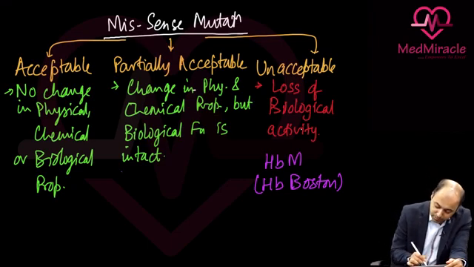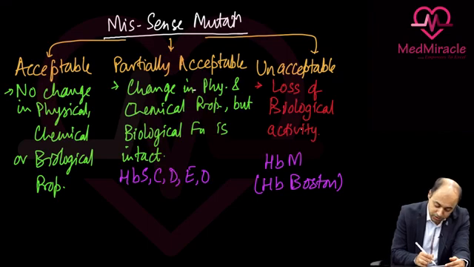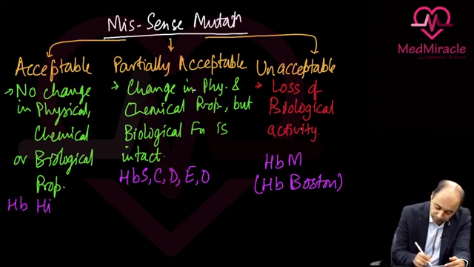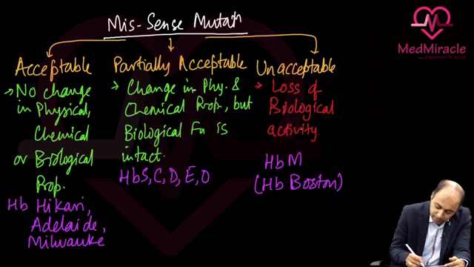Examples of partially acceptable missense mutation are HBS, C, D, E, O. About the acceptable form, we have hemoglobin Hikari, hemoglobin Adelaide, even the Milwaukee form, hemoglobin Milwaukee. I'll write it here.